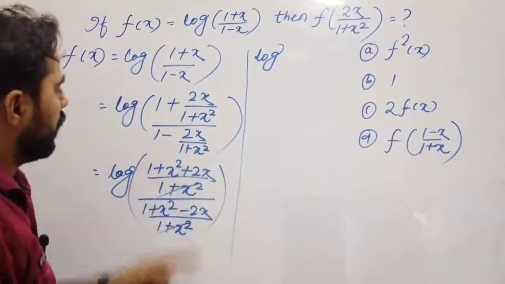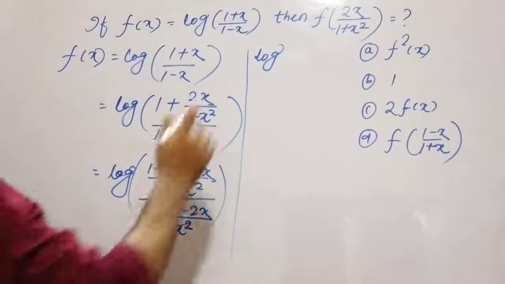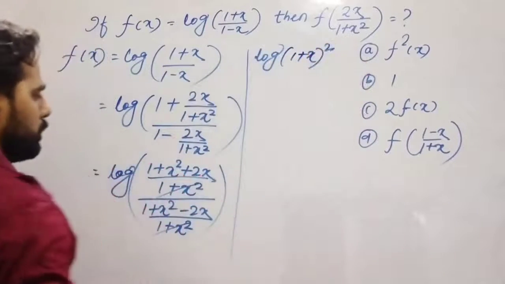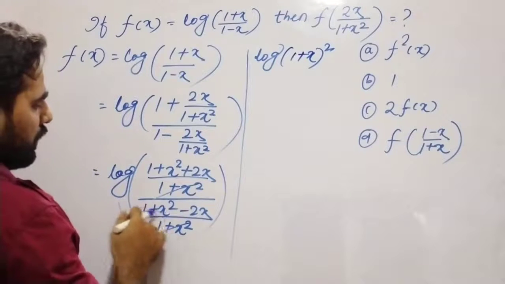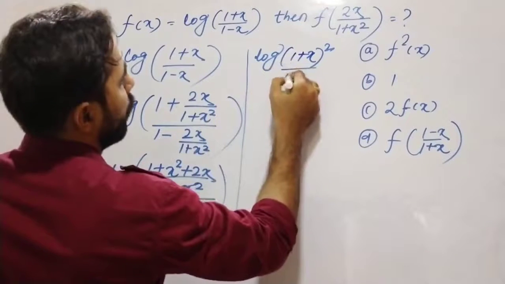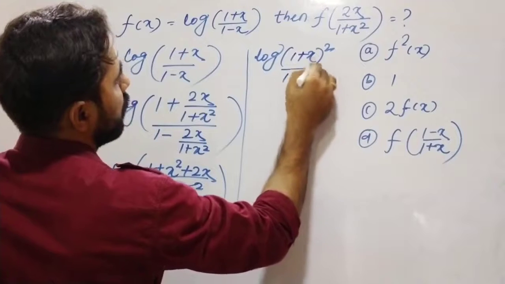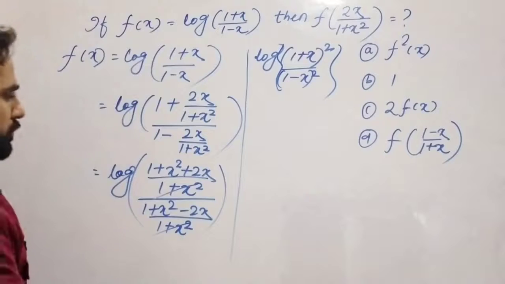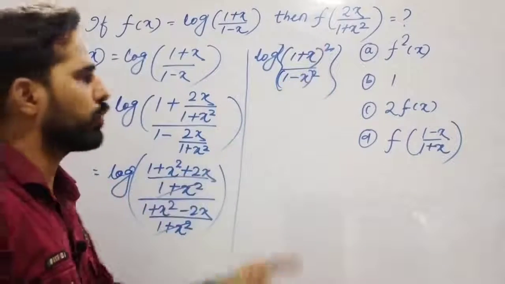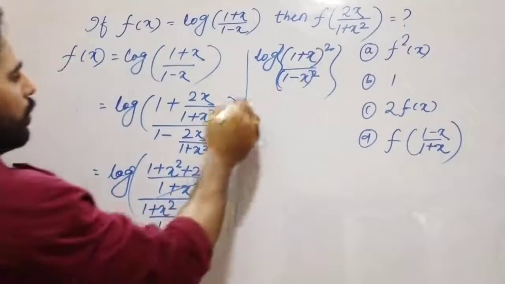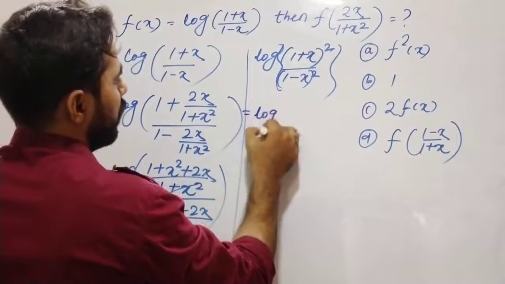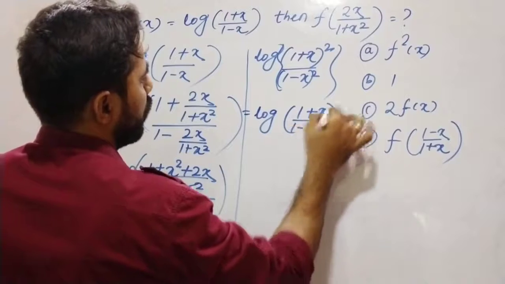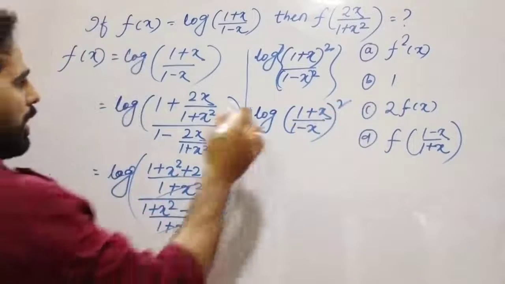This is the value of 1 plus x to the whole square, and here the denominator is 1 minus x to the whole square. Then log of (1 plus x divided by 1 minus x) whole to the power square.